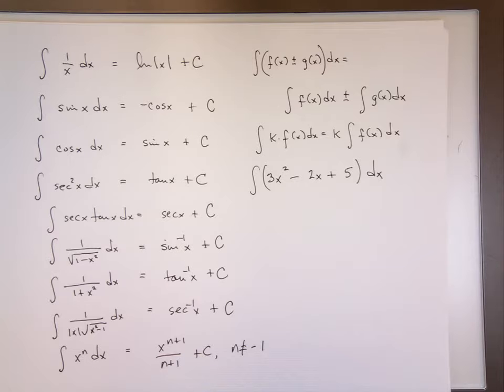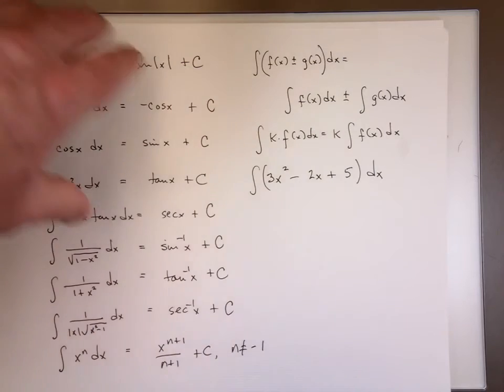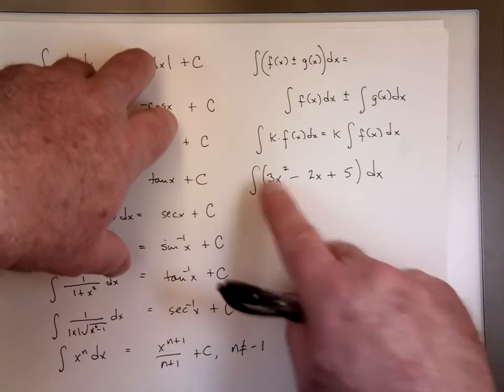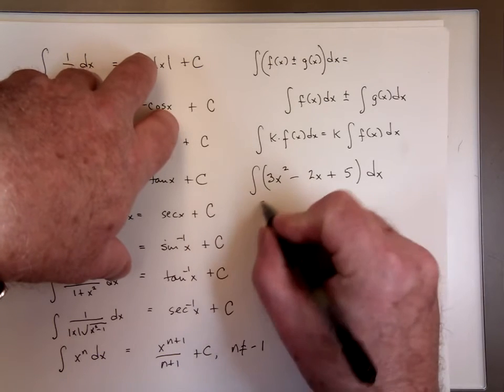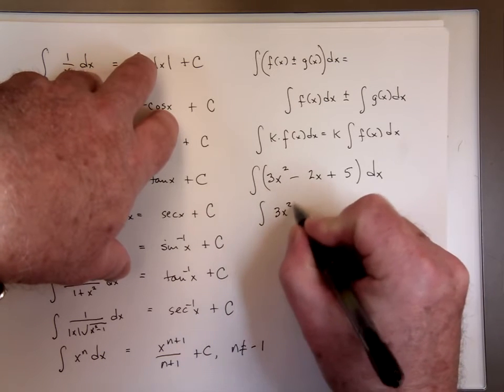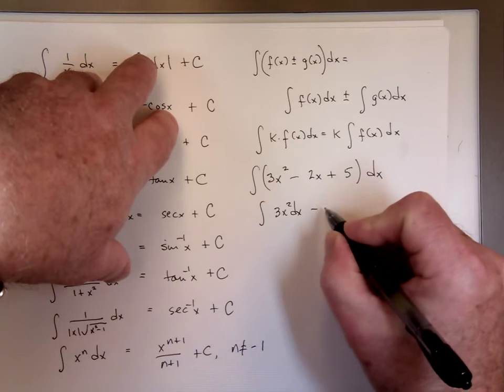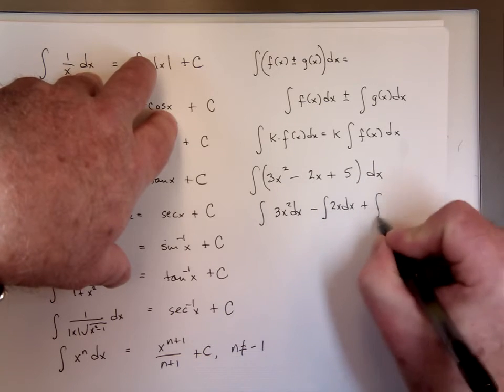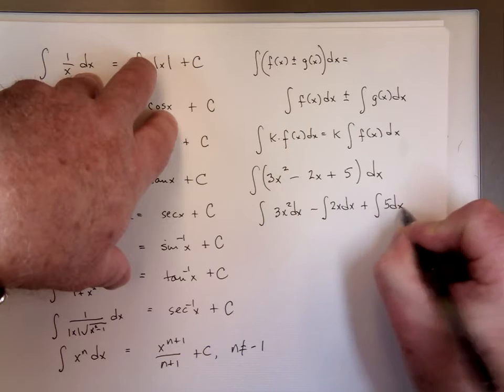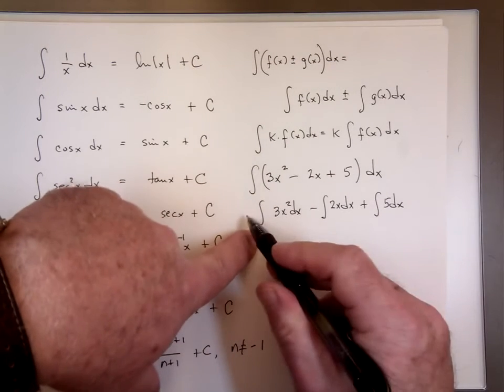Okay. So, this is what she did. She integrated each one of these terms. Here, let's write it out. The first one, we can take the 3 out front, take the constant out front.